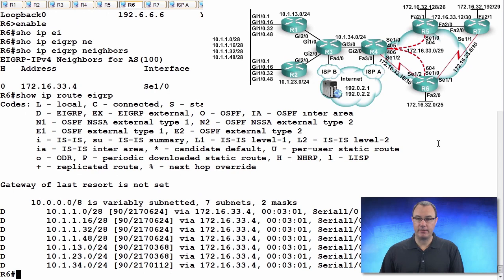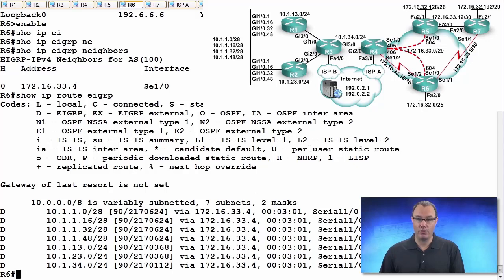I'm not seeing 172.16.32, 33, and the .129 networks. They're definitely not showing up here. All I can see is what is in this direction, in R4's direction, going over to R3 and past R3.